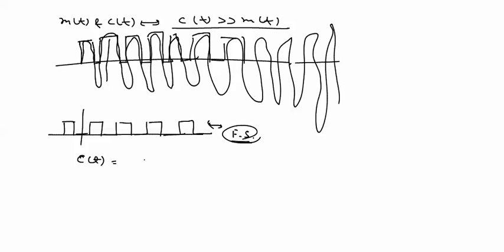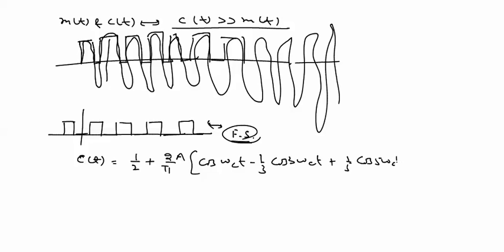So I directly write the pulse train Fourier series expansion: 2 upon pi times a, cos omega naught t, plus 1 by 3 cos 3 omega naught t, plus 1 by 5 cos 5 omega naught t, and so on.